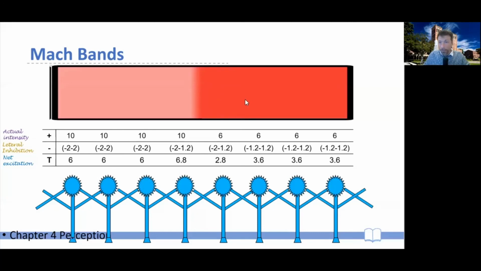And that's why, if you put these numbers together, the real intensity of the color on here is something like this: bright and then suddenly dark. But the perceived intensity, what you are perceiving, thanks to lateral inhibition in your primary visual cortex, is something more like this: bright, bright, bright, bright, bright, even brighter, and then very dark, and then a little less dark.